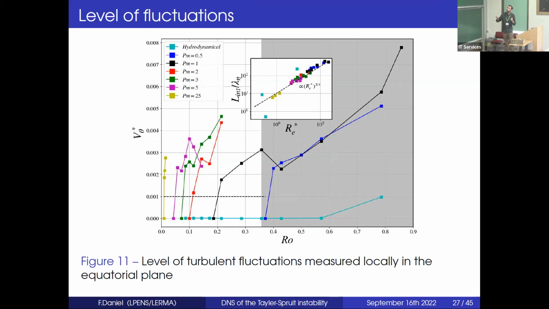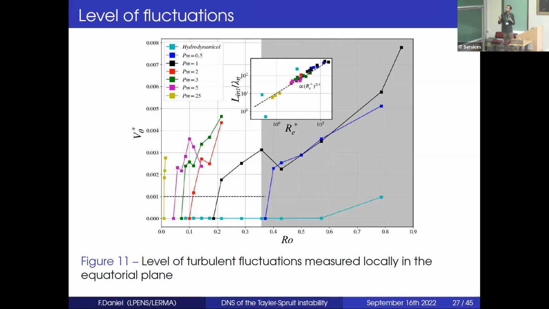This is still turbulent, and this turbulence can be more clearly seen maybe on this inset, where I've measured the separation scale, in terms of the ratio of the integral length scale to the Kolmogorov microscale, with respect to a Reynolds star based on this theta star. You can see that all the MHD points here in colors do collapse on a curve which is proportional to Reynolds star to the 3/4, which corresponds to fully developed turbulence.